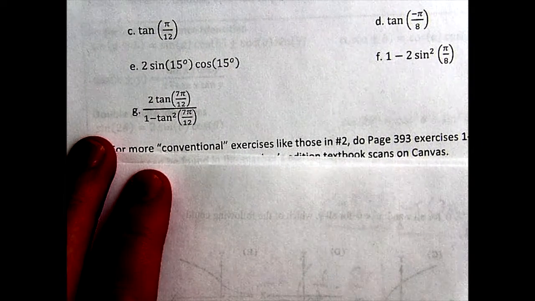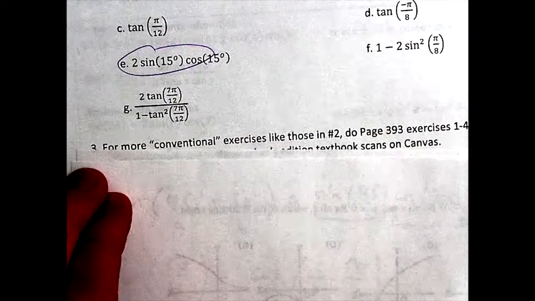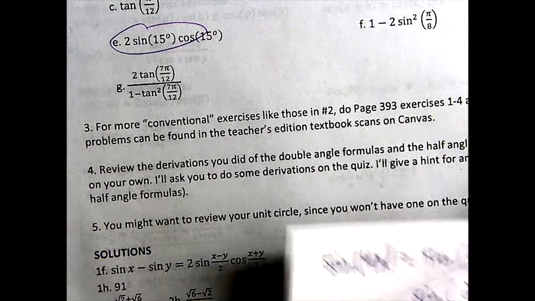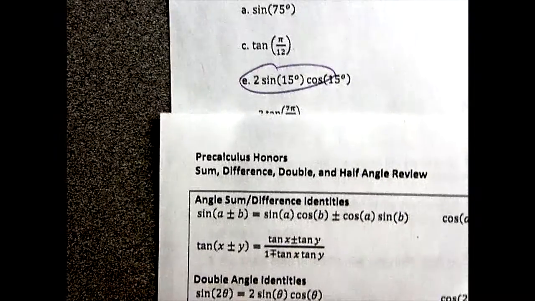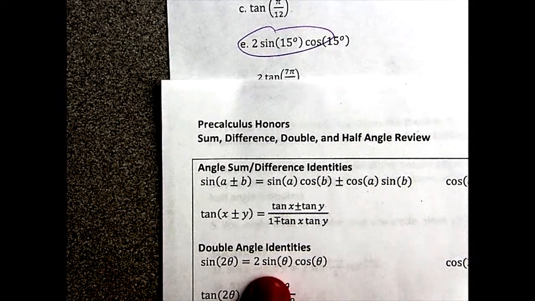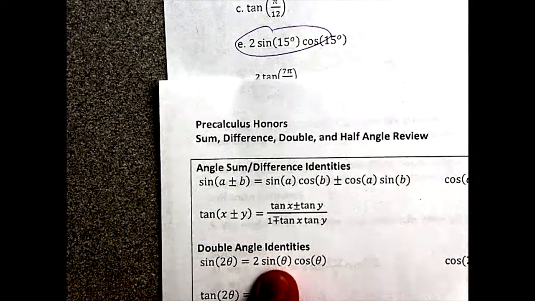Problems E, F, and G are all like trig identities in disguise. Like if you look at 2 sine 15 cosine 15 and compare that with the double angle formula for sine, sine 2 theta equals, see how they're so similar, right?